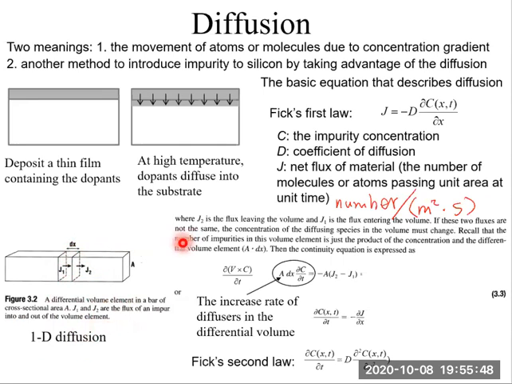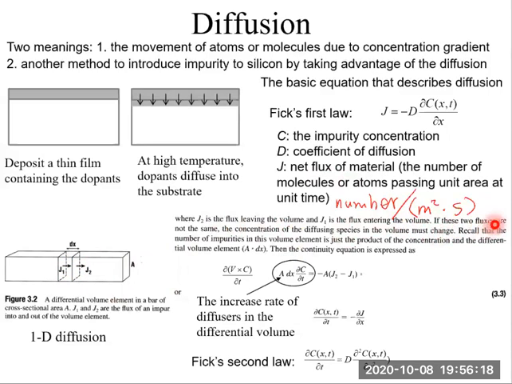And J2, this flux, is the material flux due to diffusion. J2 is the flux leaving the volume, flowing out of this volume, and J1 is the flux entering the volume. So one is leaving, one is entering.